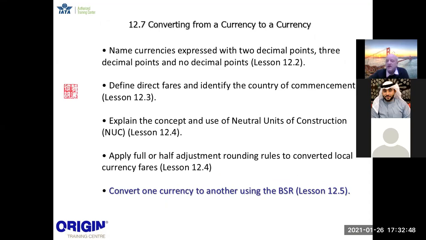Neutral unit of construction means it's the pretend money used for fare calculations. We've looked at half and full rounding adjustment. Half is up or down, and full is going up. Now we're just going to have a quick look at converting one currency to another.